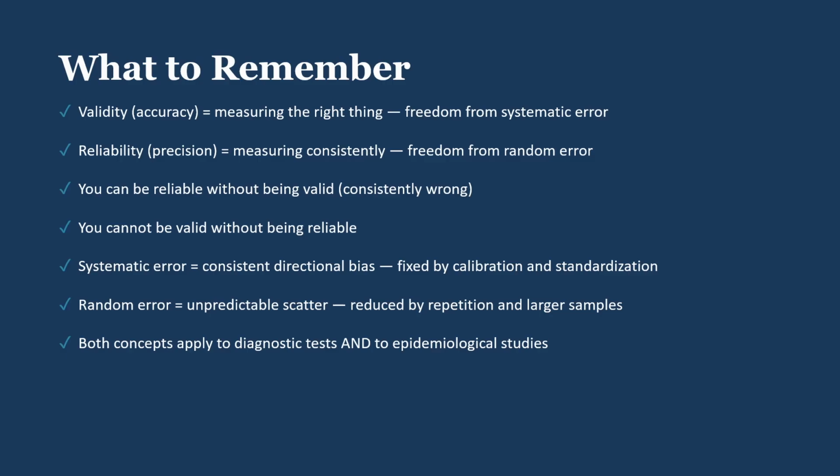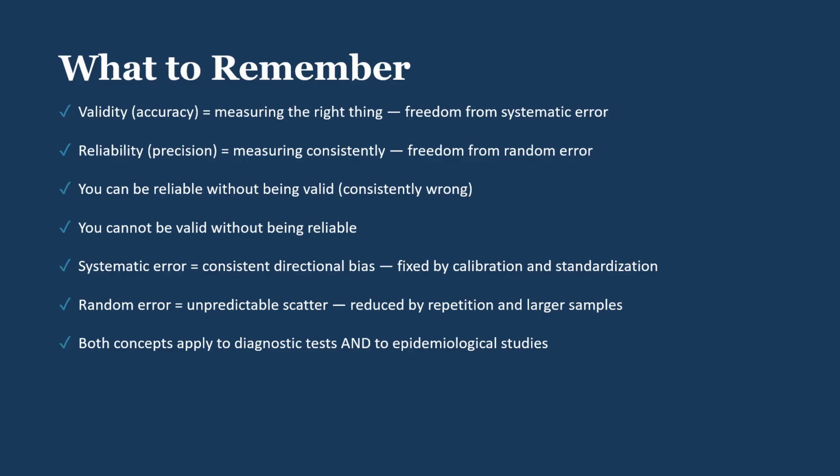Here's the summary. Validity is accuracy, measuring the right thing free of systematic error. Reliability is precision, measuring consistently free of random error. You can have one without the other, but not the other way around. You can't be valid without being reliable.